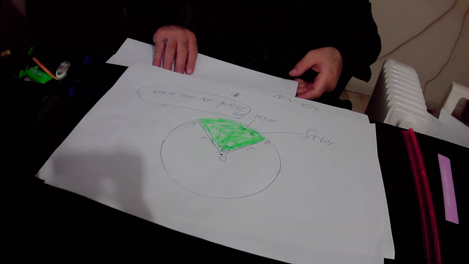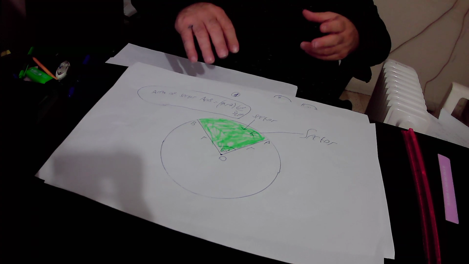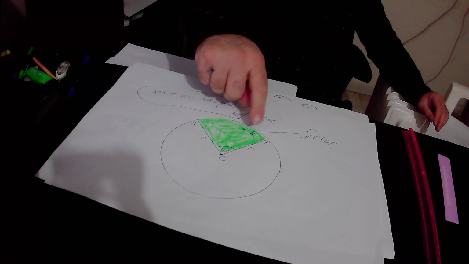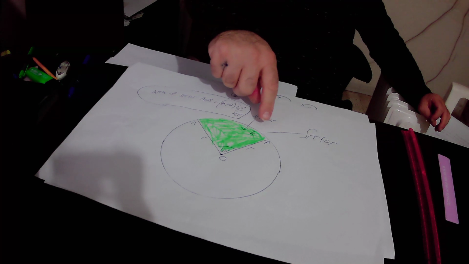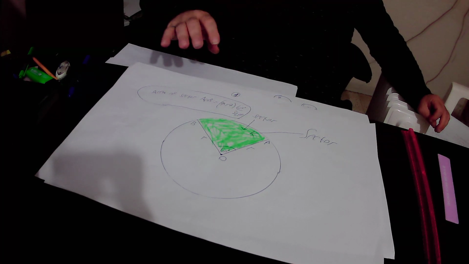The definition of a sector is the area that is bounded by 2 radiuses, and the arc that is included between those 2 radiuses is defined as a sector.